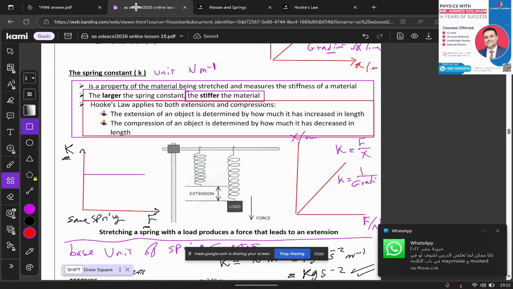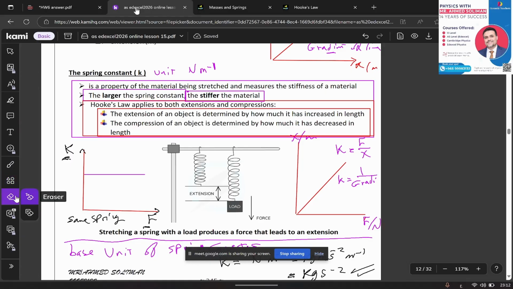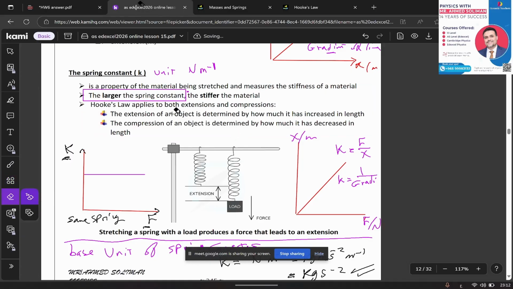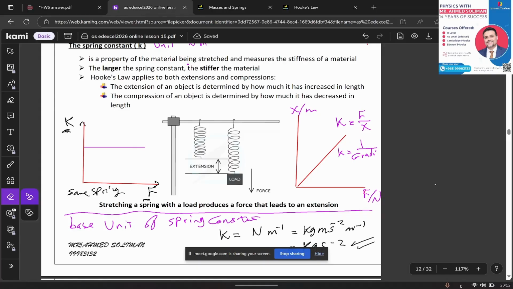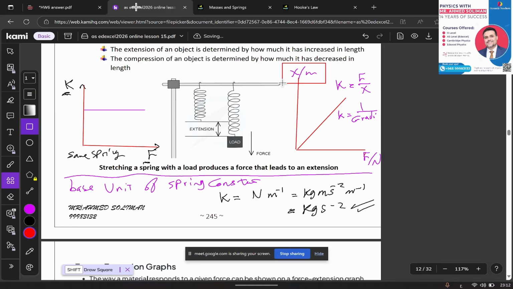Now next, the extension of an object is determined by how much it has increased in length. For compression, the length decreases. Okay, until now we drew the first graph, the graph between what? Extension and force, right?